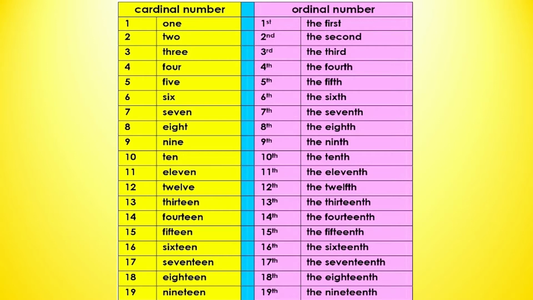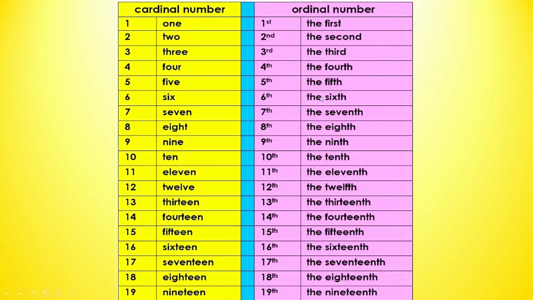I will speak one time for one number. After that, you have to speak follow me one time. I will start from cardinal number first in the left side, and move to ordinal number, one by one, from the left side to the right side.